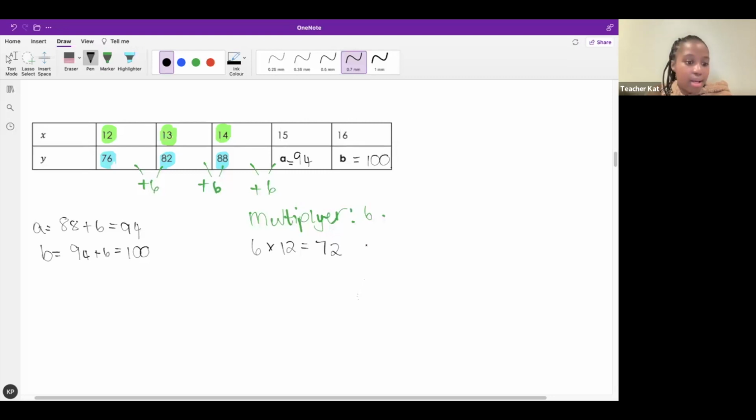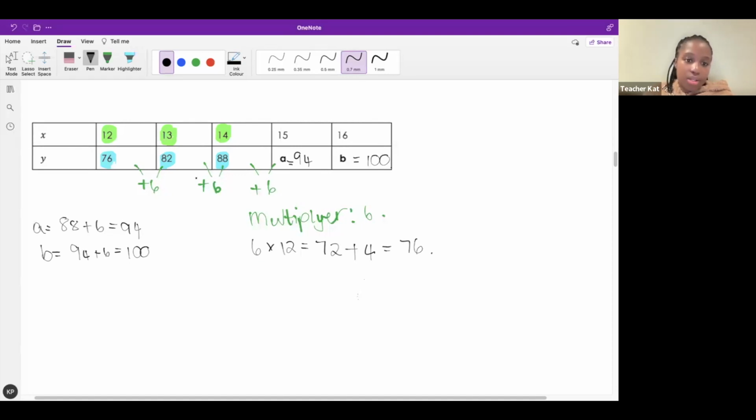Is that the desired output? Look at your output for number 12. 72. No, we want 76. So what do I still have to do with this? I have to add 4. Nice, guys. That will give me 76.